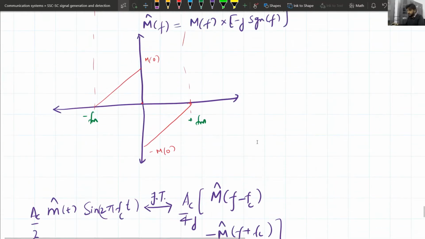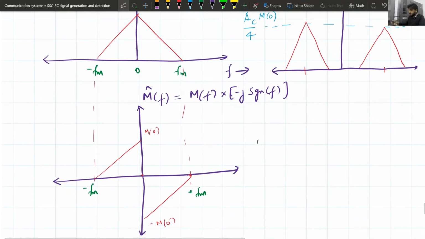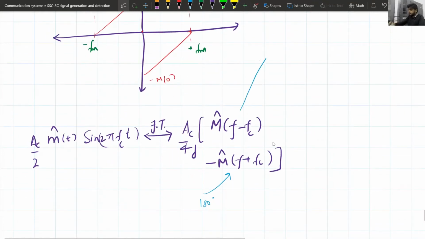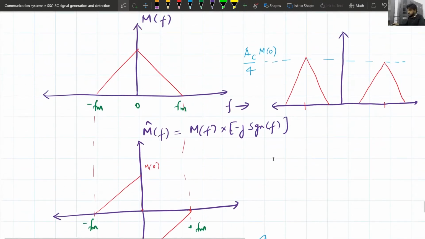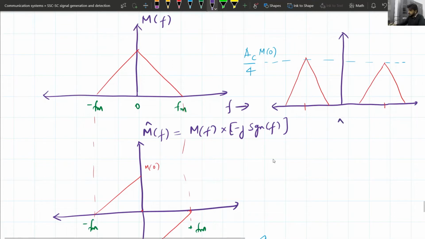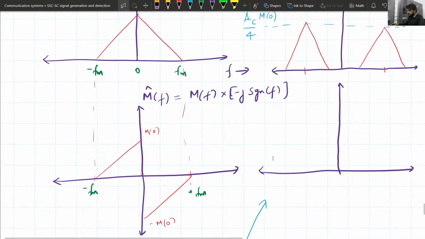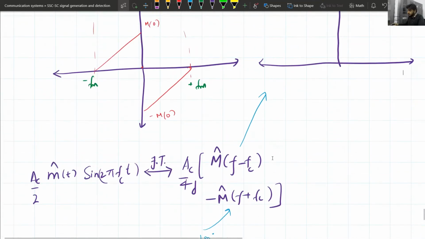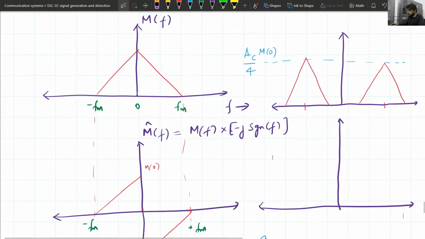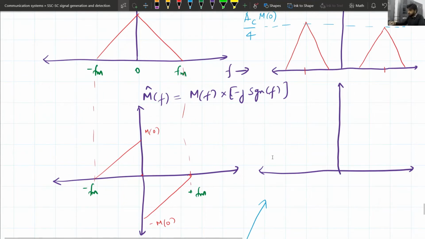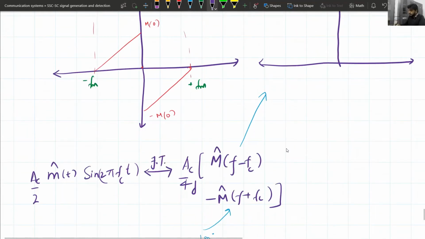So if we represent the signal on the frequency domain here, so we can write the same as, now the f minus fc component will be the same and will be simply shifted by the frequency fc.